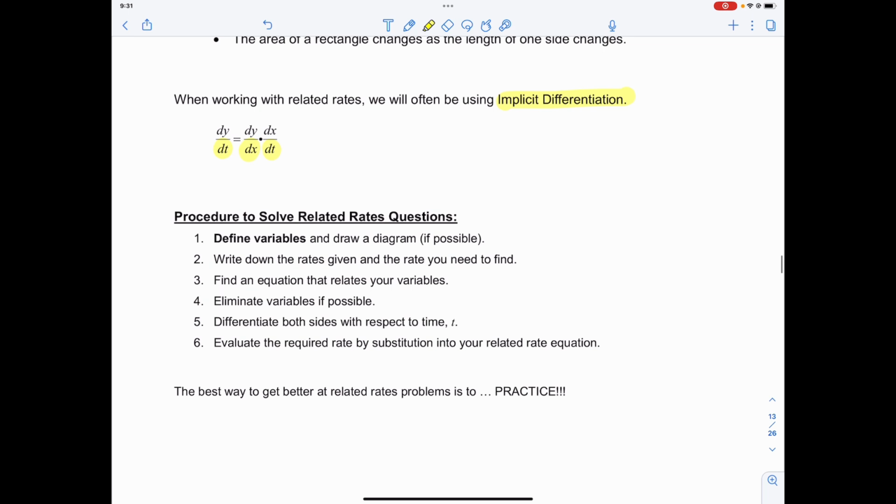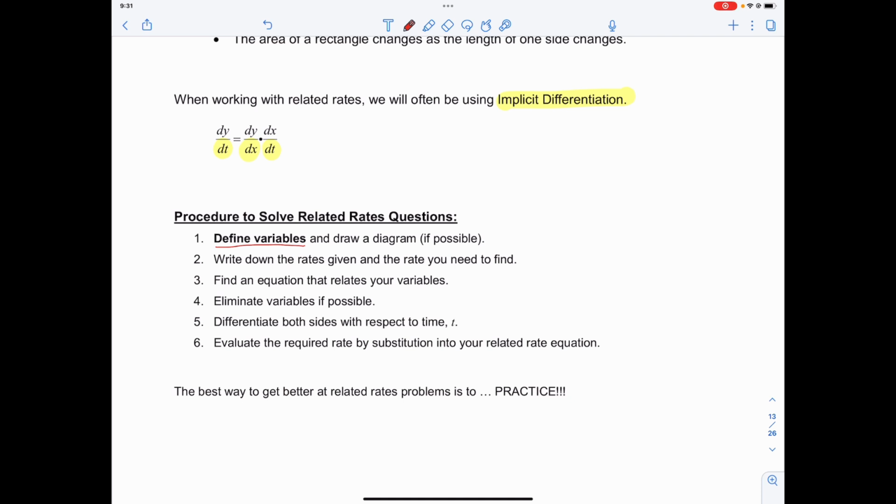Now, here are some key things you need to know in order to fully show your work, to fully get marks. 1, you need to define your variables and draw a diagram if you can.